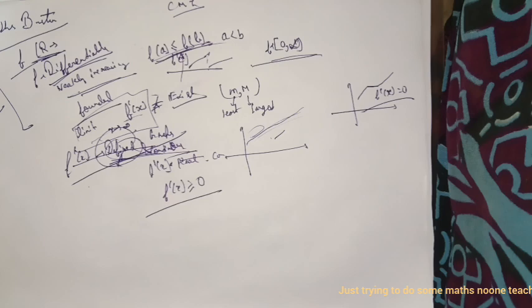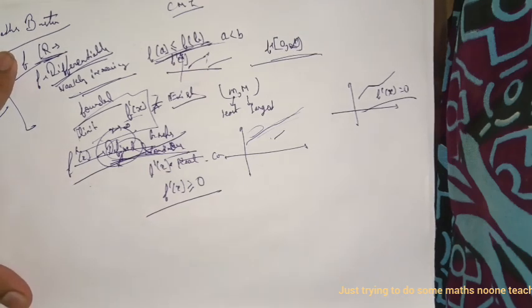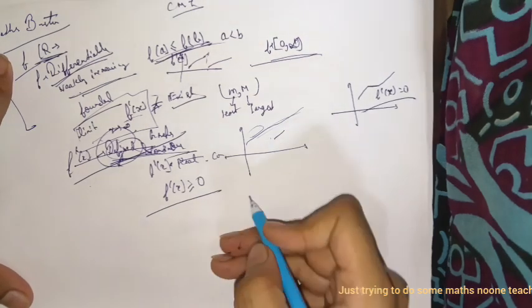So what else can we do? What else is given in the question? In the question it is given that f dash x is continuous. Yes, right. And if f dash x is continuous, then what can we say?